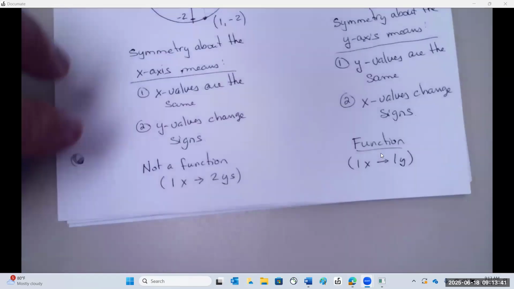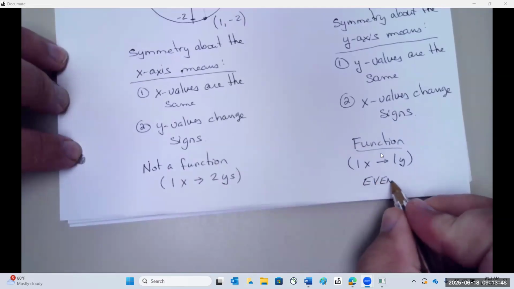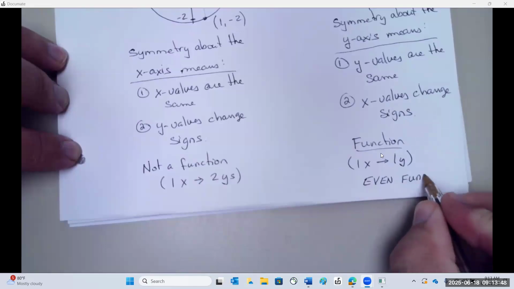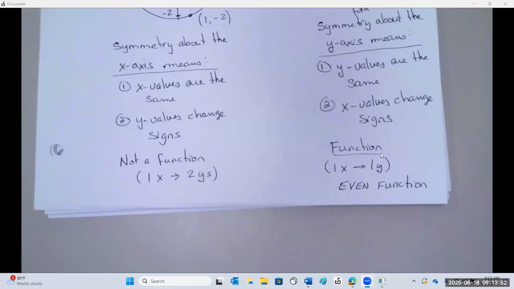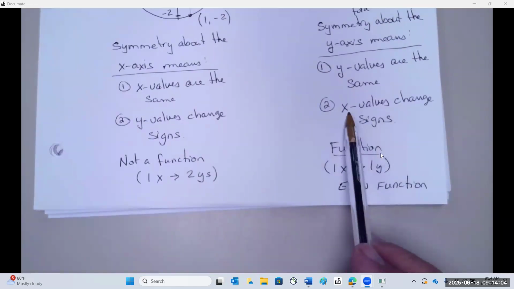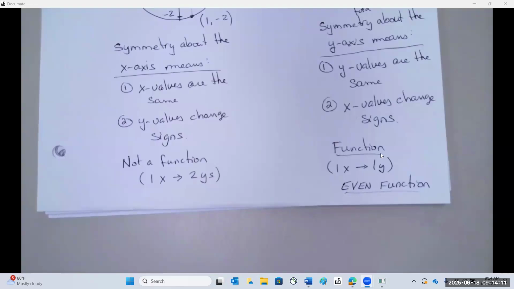We say this is an even function. So if we flip across the y-axis, then it's an even function, because the only thing that changes is the x values change signs. The y values stay the same. So that's an even function. We'll look further at what that means in a minute.